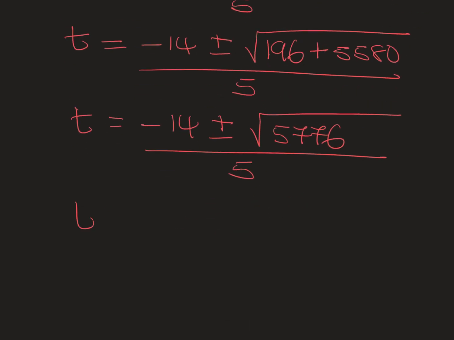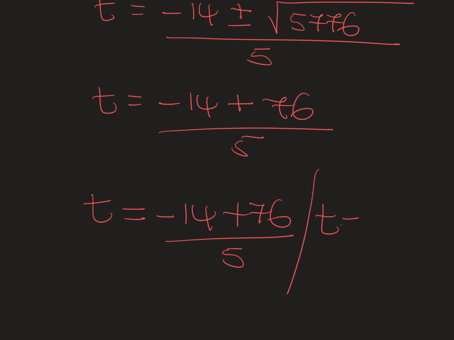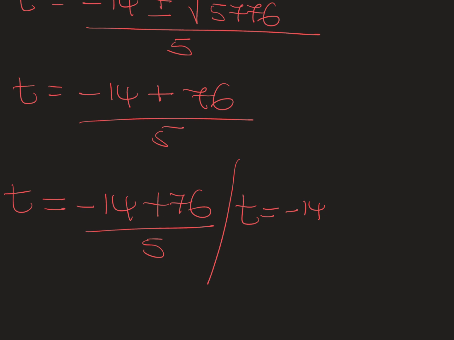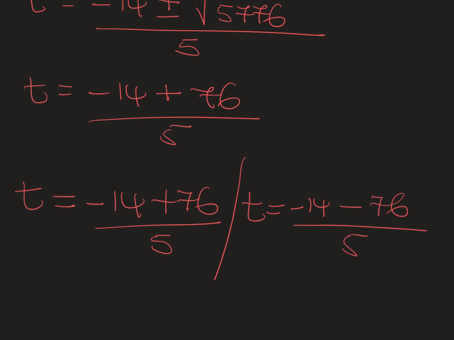So t equals minus 14 plus or minus the square root of 5776, which is 76, all over 5. So time equals minus 14 plus 76 over 5, or time equals minus 14 minus 76 all over 5.